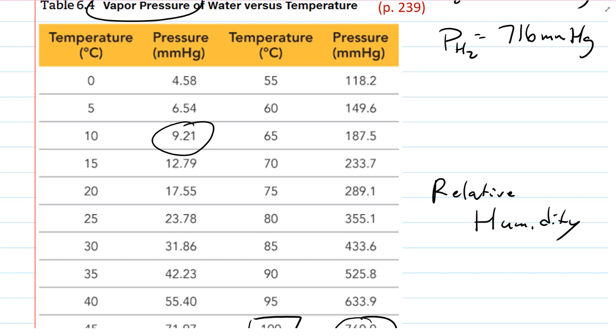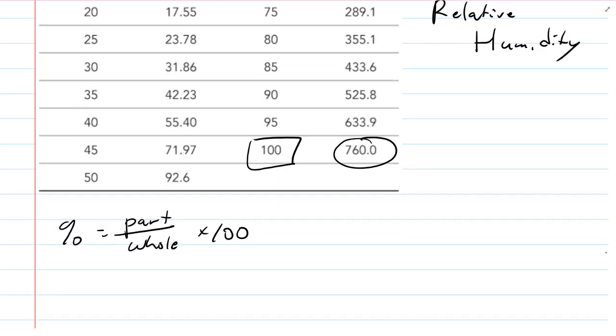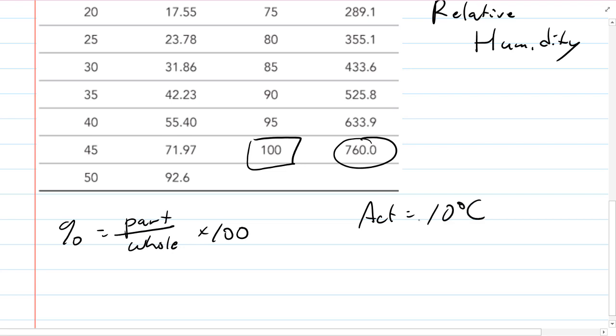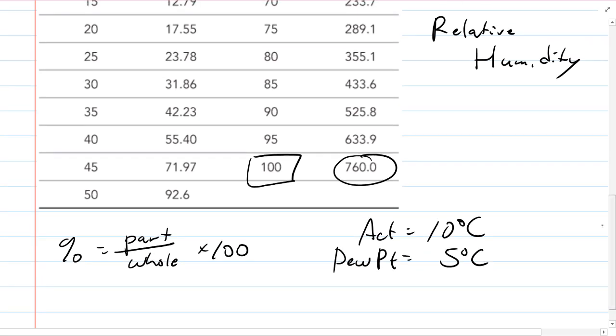But let's say that the actual temperature was 10 degrees Celsius, and let's say that the dew point was 5 degrees Celsius. Let's say that these are the conditions at noon today.